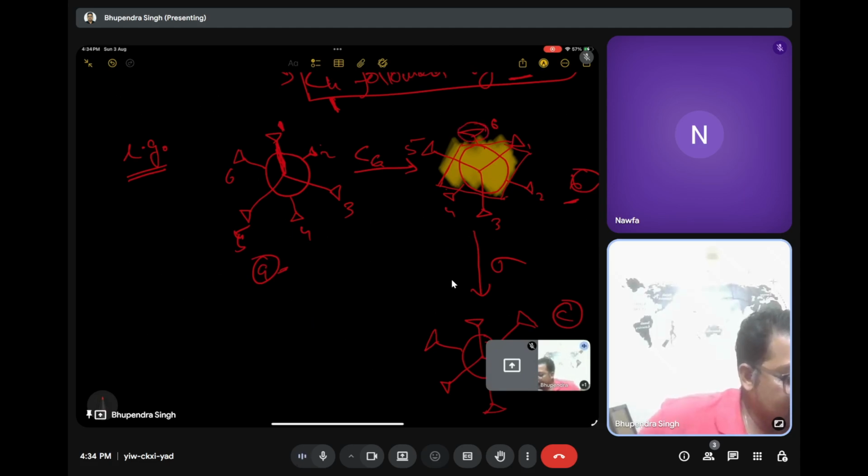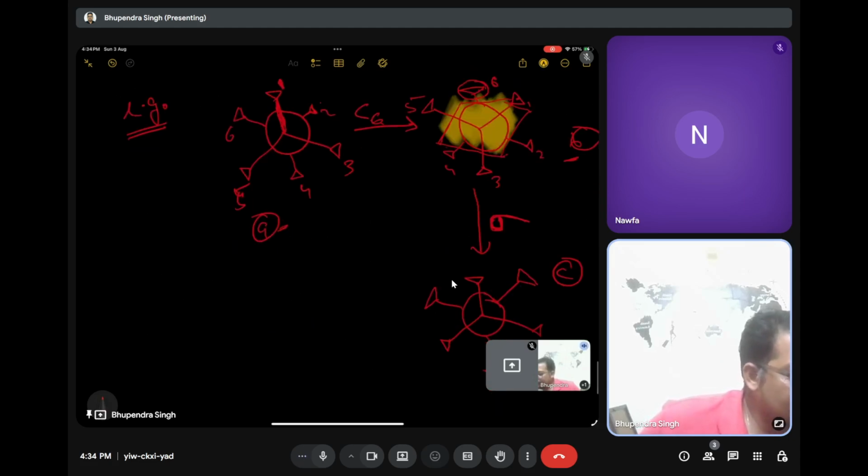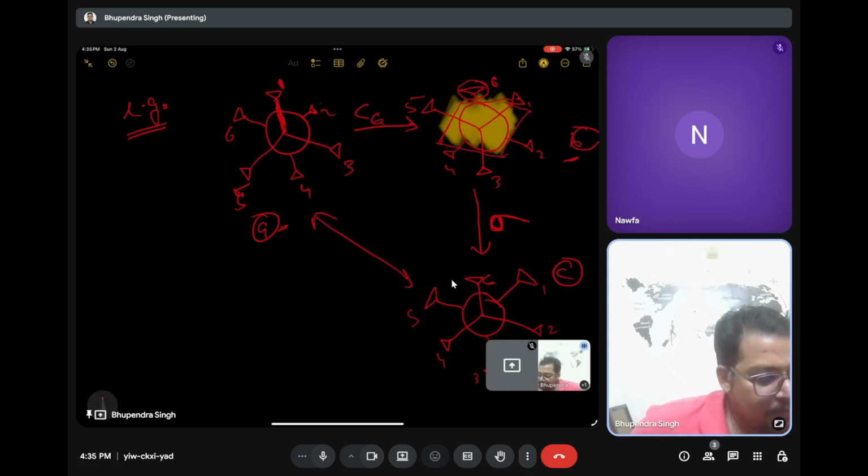But after applying this plane of symmetry, what will happen? This C6 will come up and this will go down. So it will look like this, like 6, 1, 2, 3, 4, 5. So these are two equivalent orientations of the molecule.